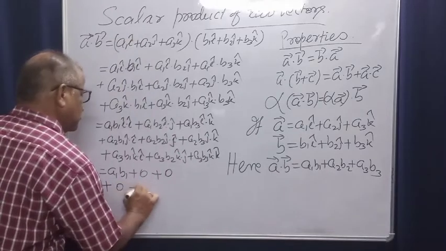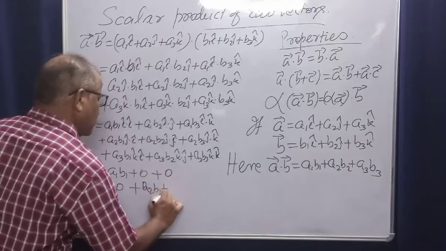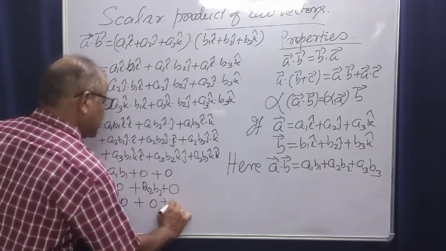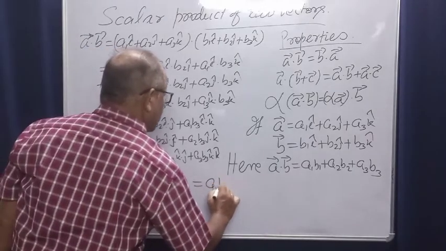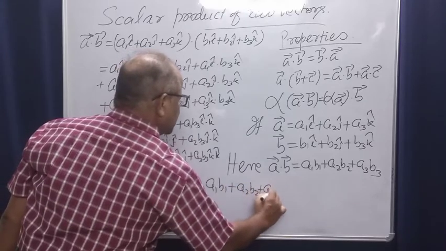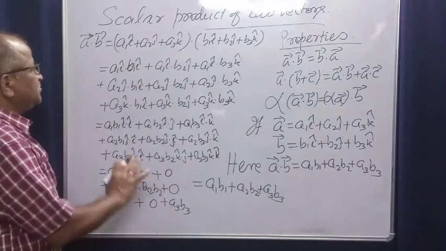So plus 0 plus here it will be a2 b2 plus 0. Then it is 0 plus 0 plus a3 b3. So the result is a1 b1 plus a2 b2 plus a3 b3. Very simple.